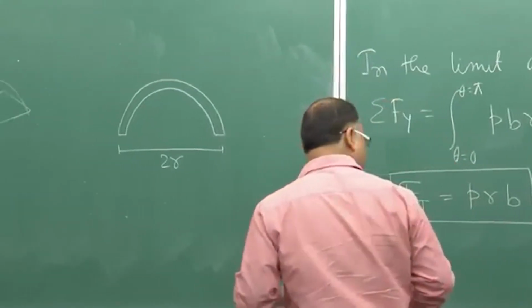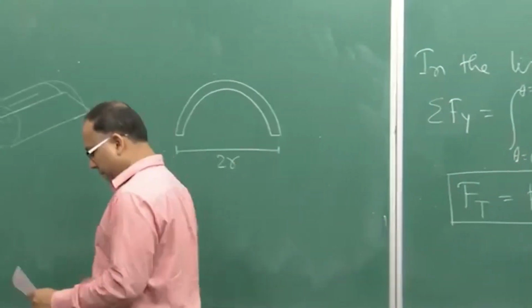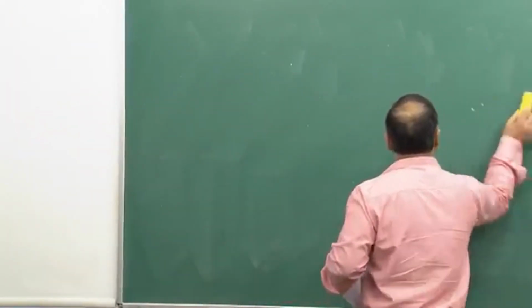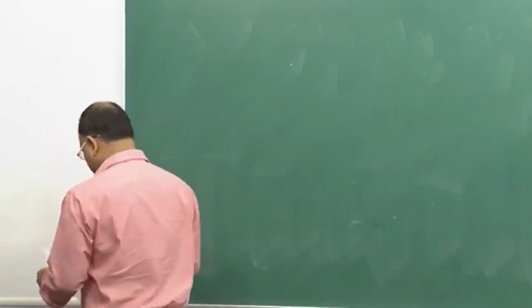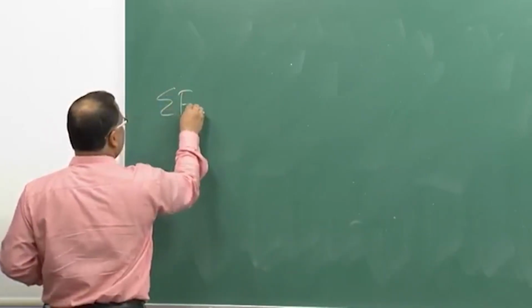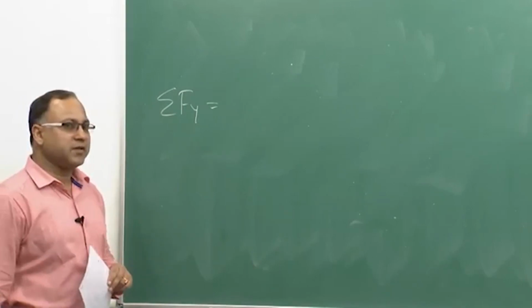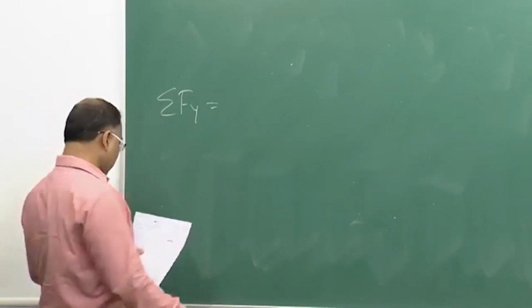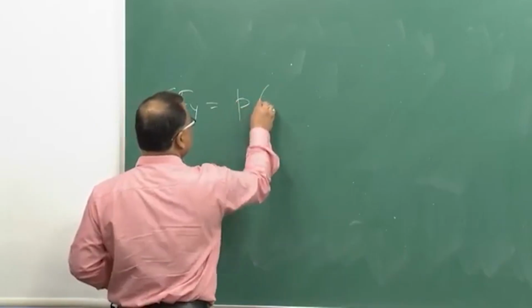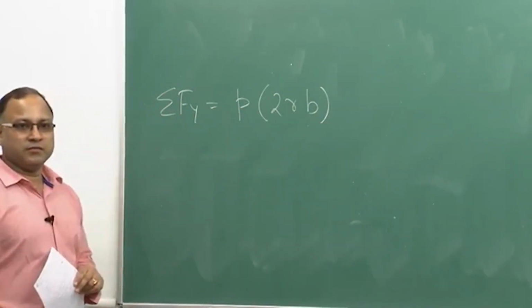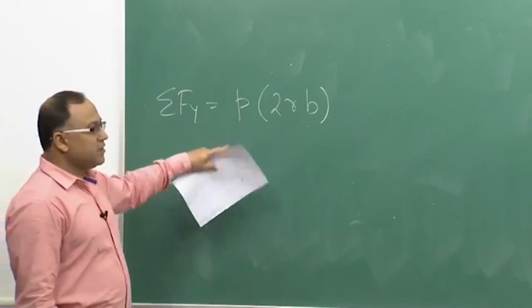So what we can simply write, instead of writing that integration form, that is, if we take the equilibrium, or if we try to satisfy the equilibrium condition along y direction. So I can simply write p into the projected area is twice r into b, right. So p is the force.